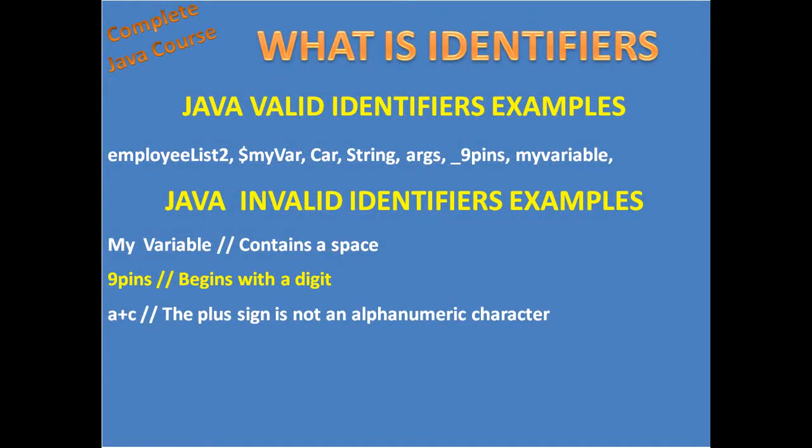Next one is a+c. The plus sign is not an alphanumeric character, so you cannot define it as an identifier.